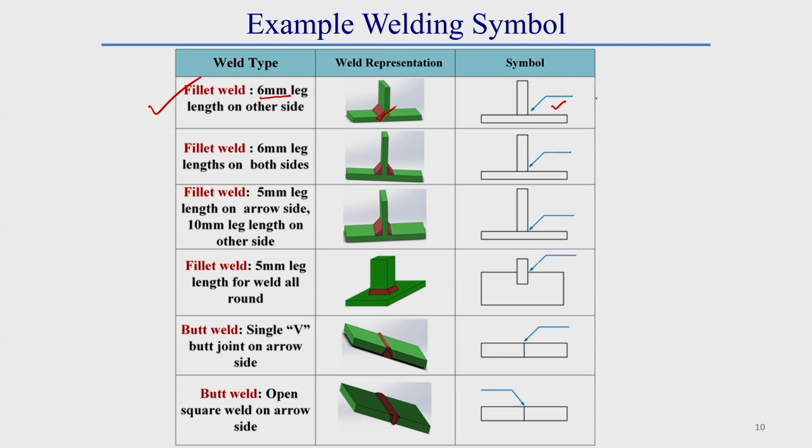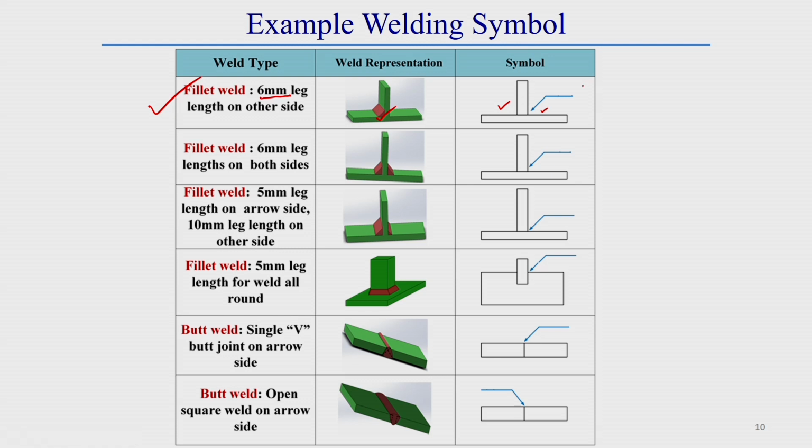This side is the arrow side and this side is the far side. Far side information we have to put on the top side of the weld joint, where the welding is done on the other side or far side.